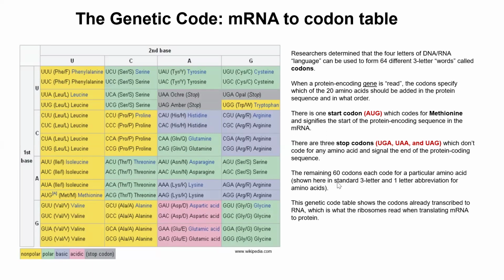And then the remaining 60 codons either code for a particular amino acid, and you can see there can be multiple codons that code for one amino acid itself, like leucine here.